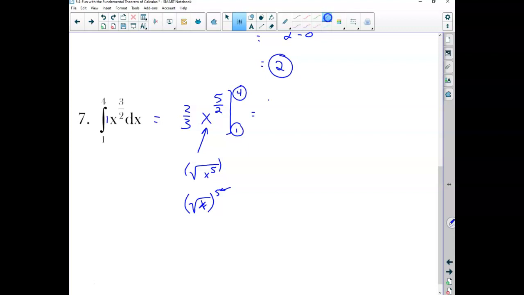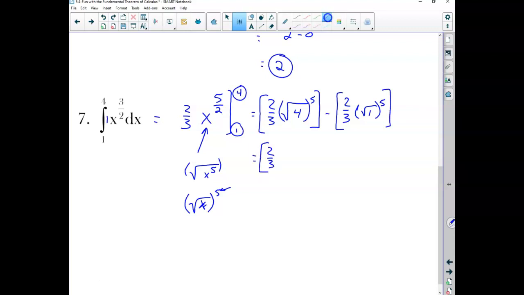So this is going to equal 2/3 square root of 4 to the 5th minus 2/3 square root of 1 to the 5th. Well, that's going to give me 2/3. Square root of 4 is 2. 2 to the 5th is 32.